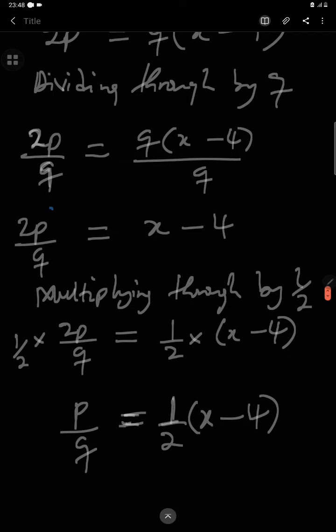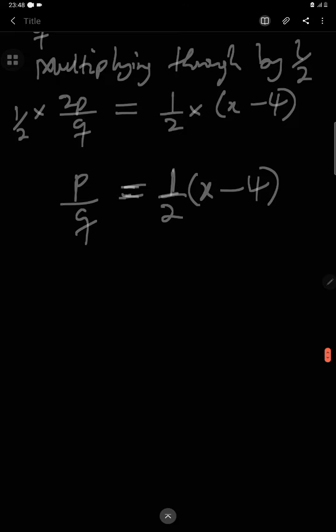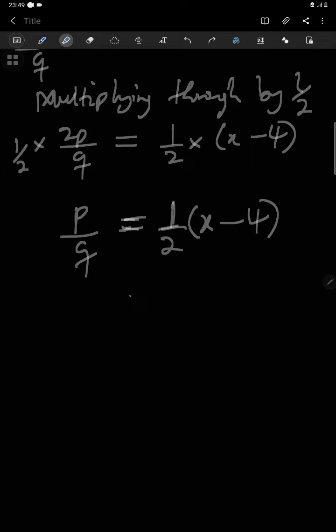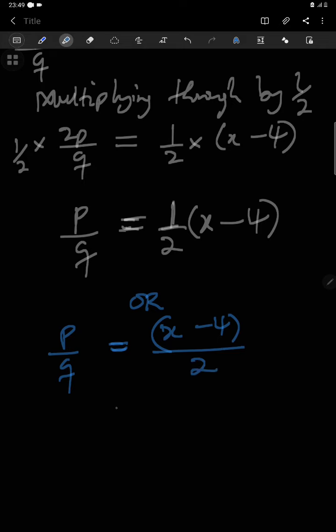If you want to further beautify it, somebody can say it is x minus 4 all over 2, and this is x over 2 minus 4 over 2, and this is x over 2 minus 2.